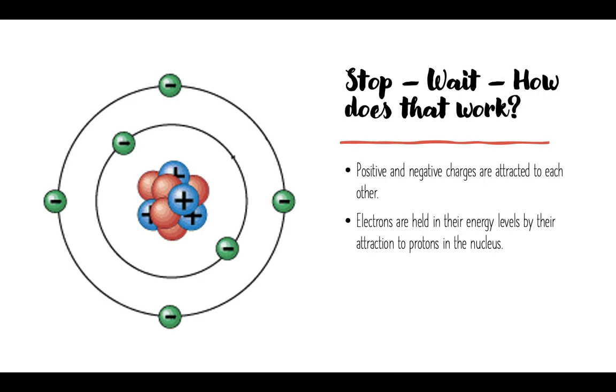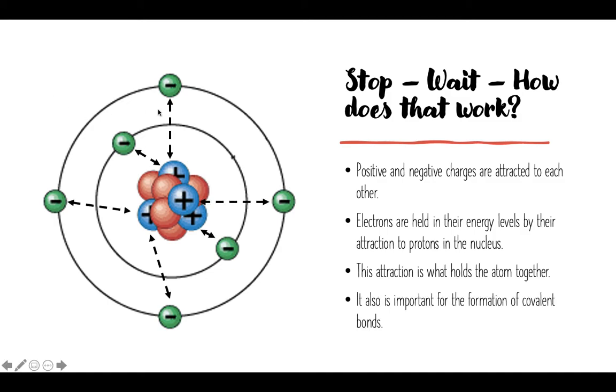Now, electrons orbit around the nucleus in their energy shell, so they're constantly moving around the outside within their shell, and they are held in that shell by the protons. So that positively charged proton is attracted to the negatively charged electron, it holds them in place, and it holds the atom together. Let me show you.